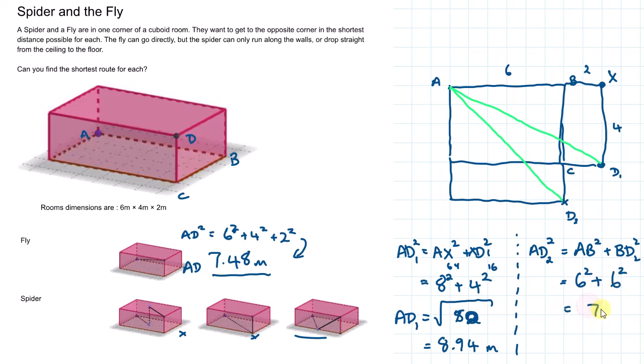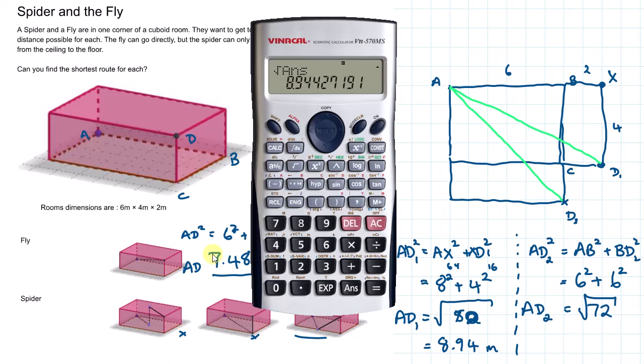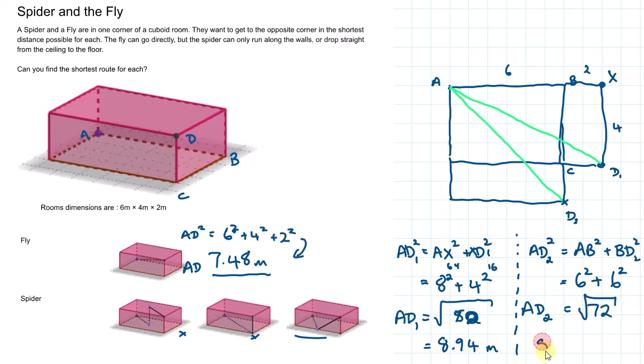That gives me 72. So AD2 is the square root of 72. So 6 squared plus 6 squared. Notice we're adding these lengths before we square, and square root the answer. And that gives me 8.49.